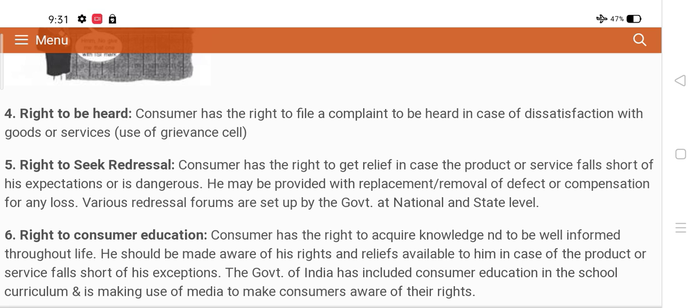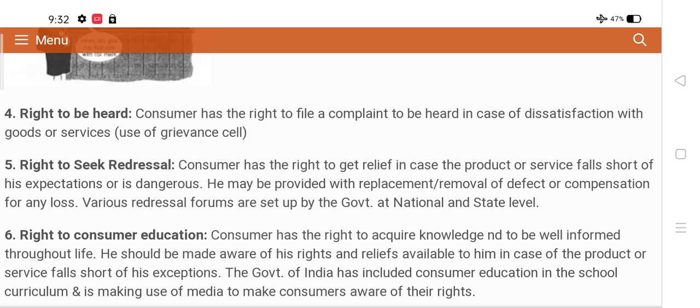So a consumer has the full right, and he should be made aware of his rights and reliefs available by law in case the product or services have fallen short of his expectation.